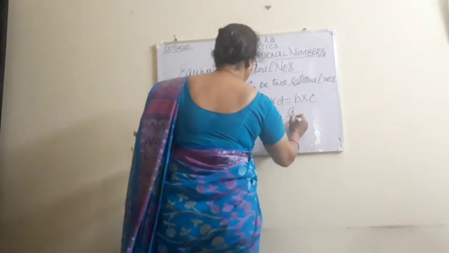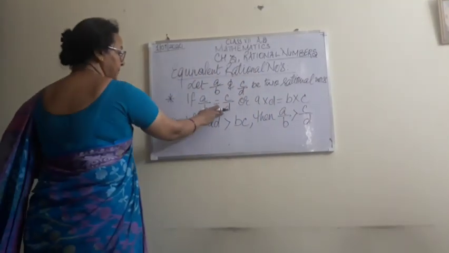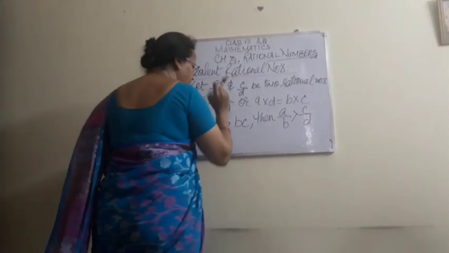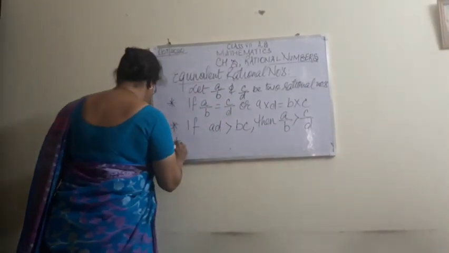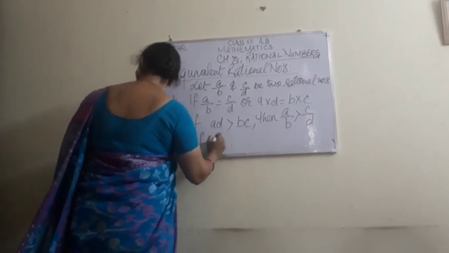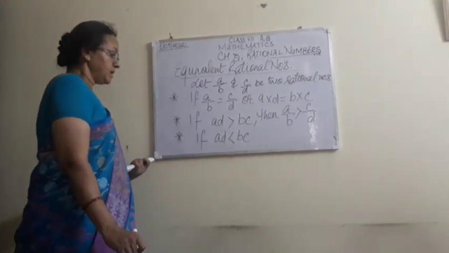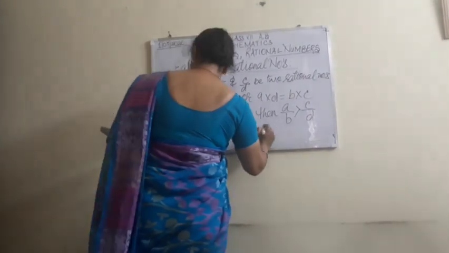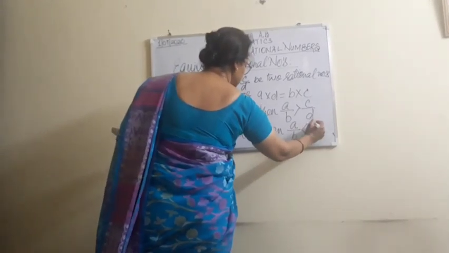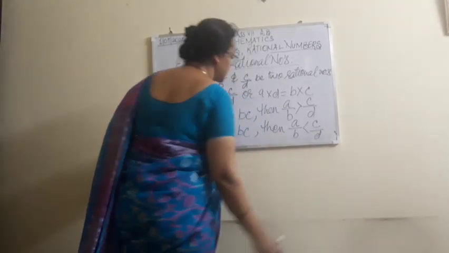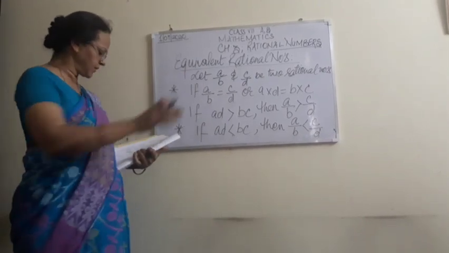A upon B is greater than C upon D. It means if the product AD is greater than the product BC, then A upon B is greater than C upon D. Third one is if AD is smaller than BC, meaning BC is greater than AD, then the condition will be reversed. A upon B is less than C upon D. Is it clear? Keep these three conditions in mind.